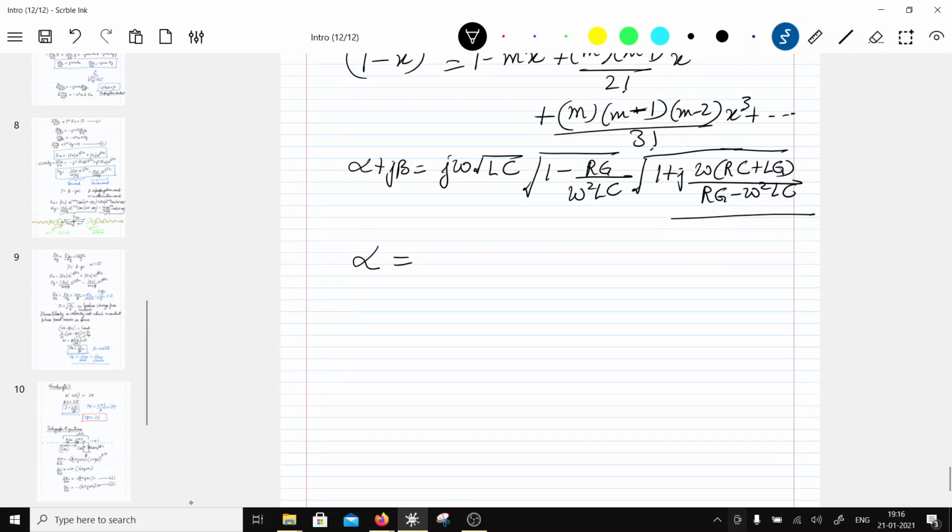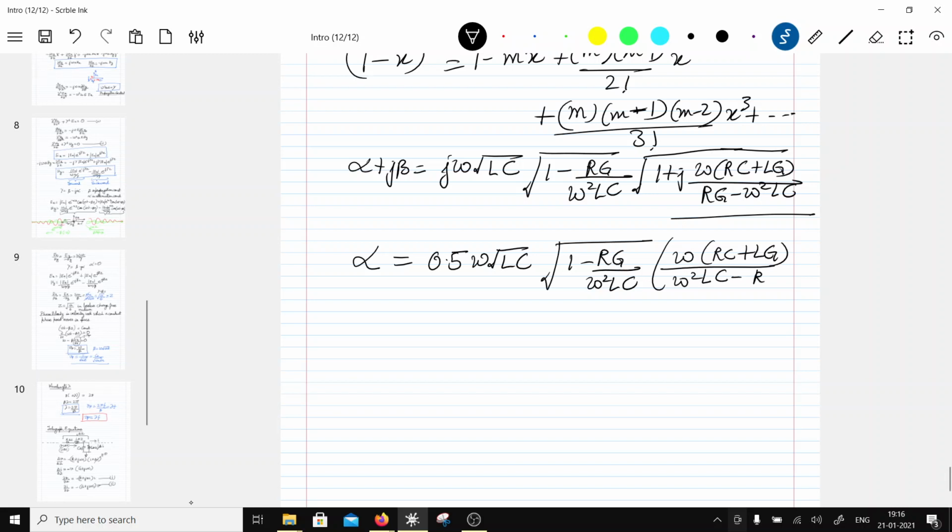So if I collect real and imaginary, alpha would be 0.5 times of omega root of LC, root of 1 minus rg divided by omega square LC, times of omega rc plus lg divided by omega square LC minus rg, minus 0.625 omega root of LC.